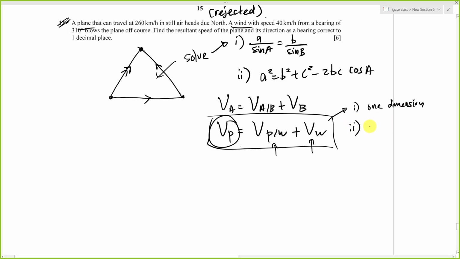Second, your velocity is in the column vector form AB. Then you can straight away sub into this formula. Or else, in this part on relative velocity, the purpose of this formula is just for you to draw the triangle, and then you need to solve the triangle by using the trigonometry formula. Okay? If you get it, then we will start this question.